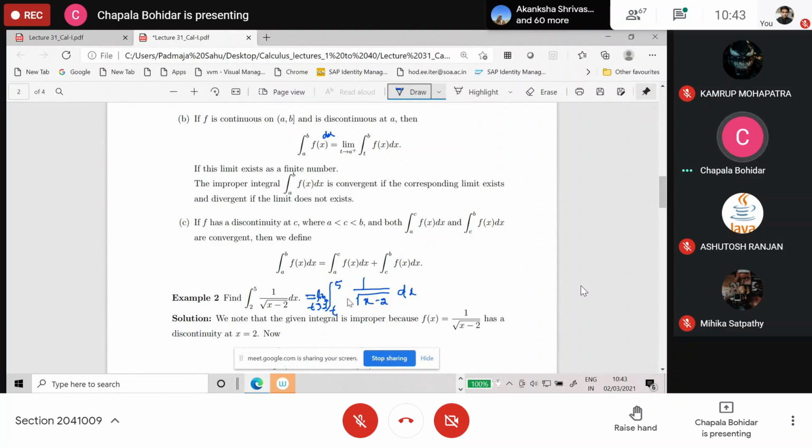So that is equal to the limit as t tends to 2 plus of 2 into root of x minus 2, with the limits t to 5. Now put in the limiting value. What is the answer you are finding? Tell me the answer.